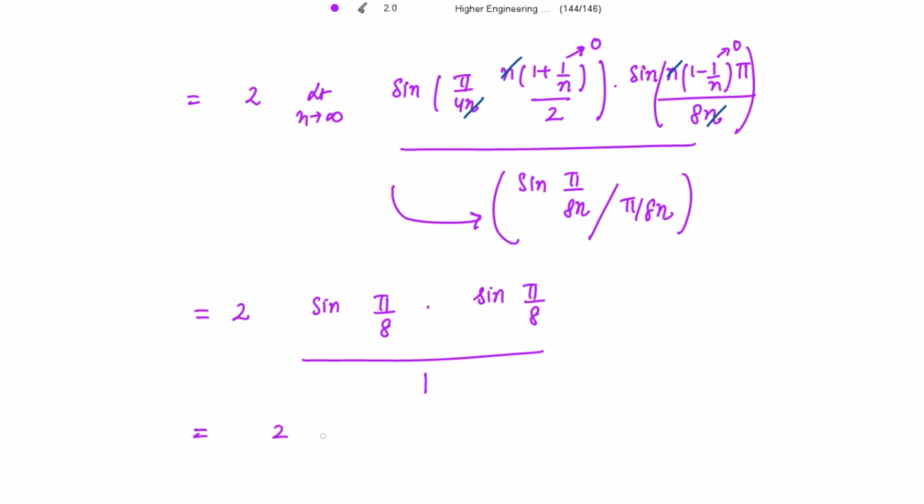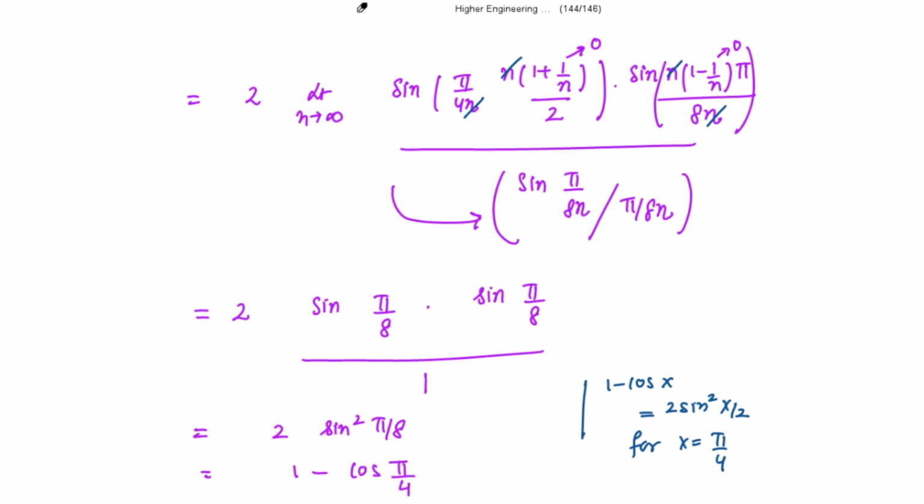So this is twice of sine square pi by 8, and because 1 minus cos of x is equal to 2 sine square x by 2, for x equal to pi by 4 in this case. So this further can be written as 1 minus cos of x, that is pi by 4, and cos of pi by 4 is 1 by root 2.